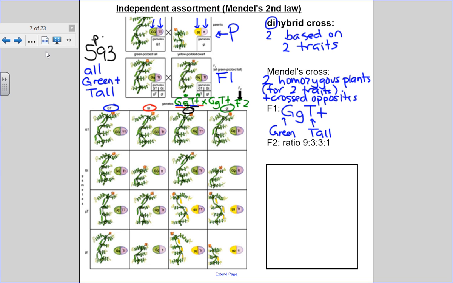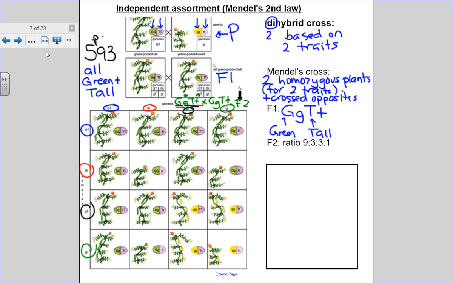Since I'm crossing two organisms that have the same genotype, I will have the same 4 possibilities down the side. Now, nothing is going to change about the way that you fill in the Punnett square. You're still going to look above, and you're still going to look to the side, see what letters you have. You're just going to have 4 letters total now.